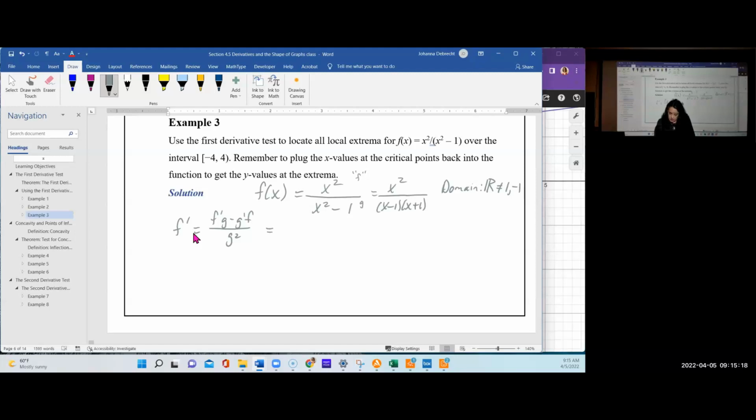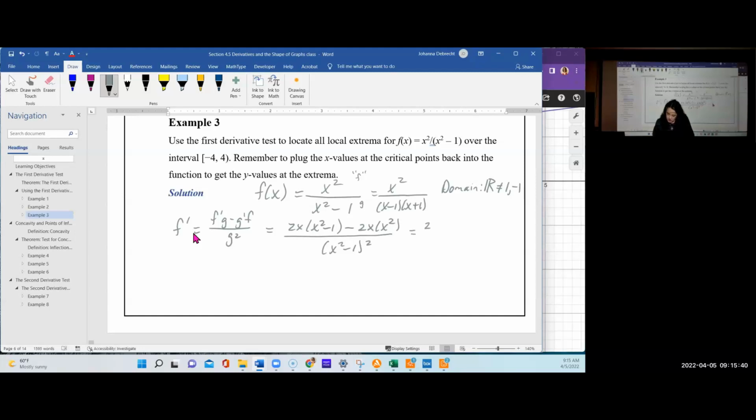So this is going to be 2x times (x squared minus 1) minus the derivative of the denominator, which is also 2x, times the numerator x squared, all over (x squared minus 1) squared.